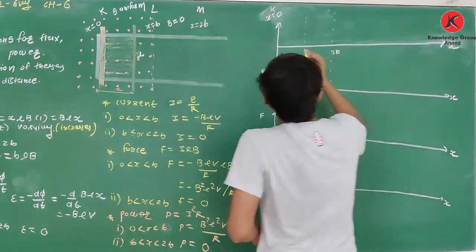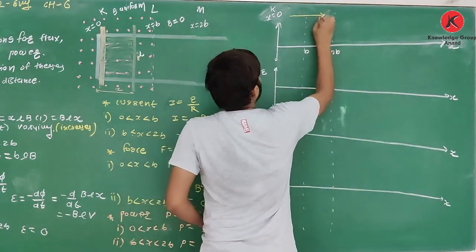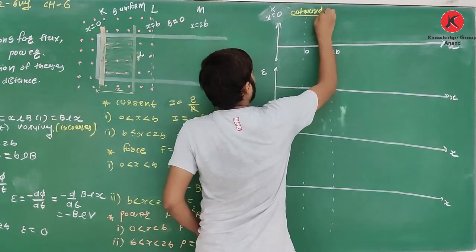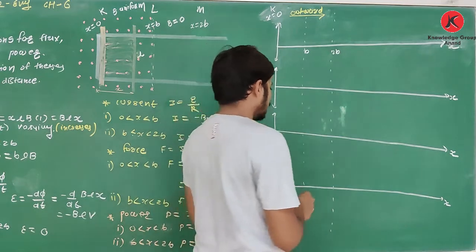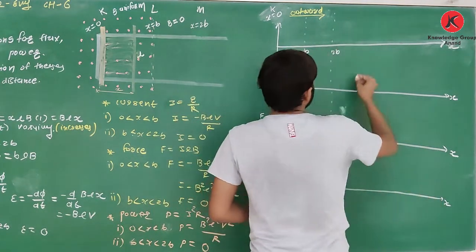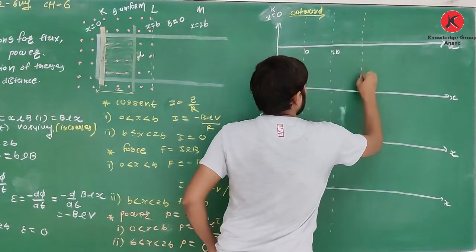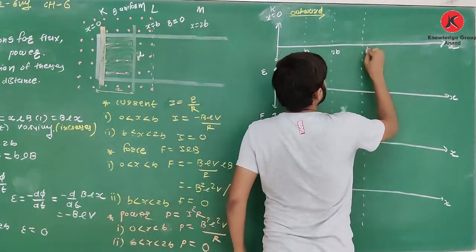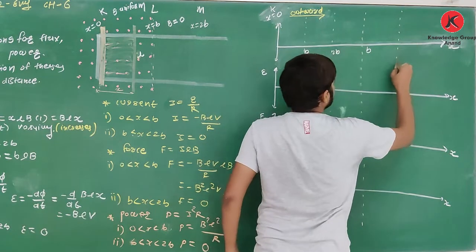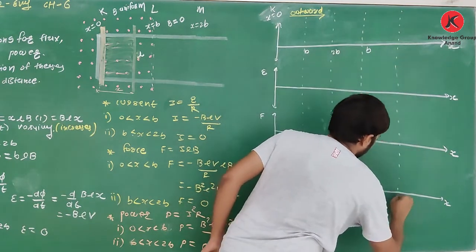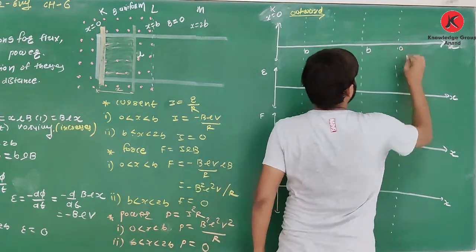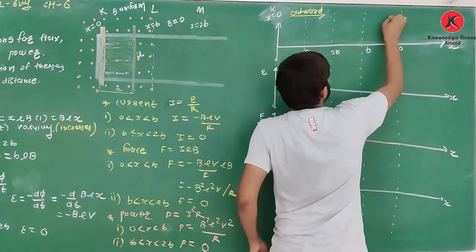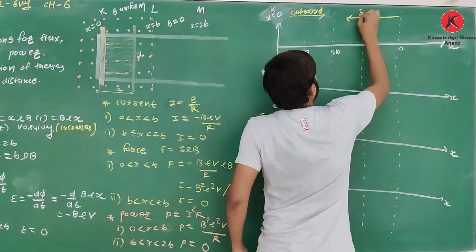Up to this, the wire is moving outward, and then the wire will move inward. Inward means again it will be here at b, and then last it will be at 0. Clear about this? That is inward.